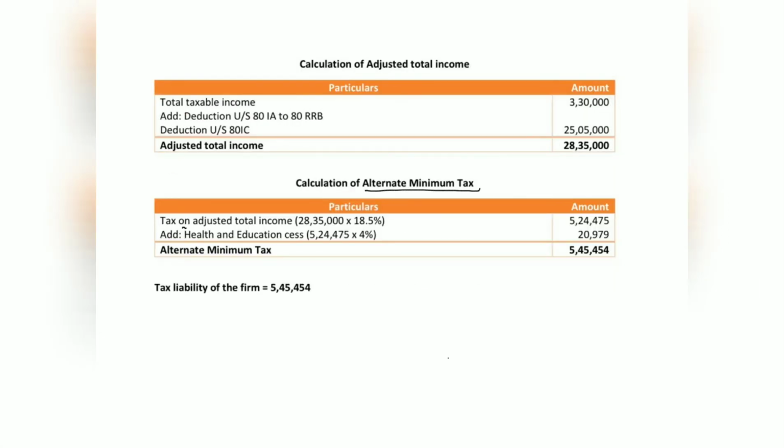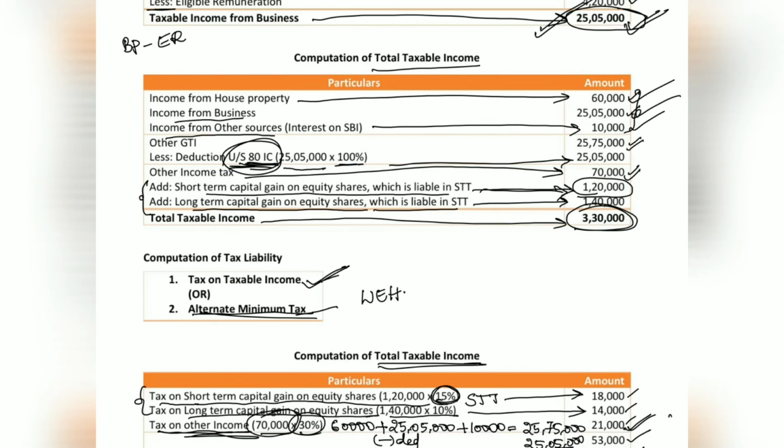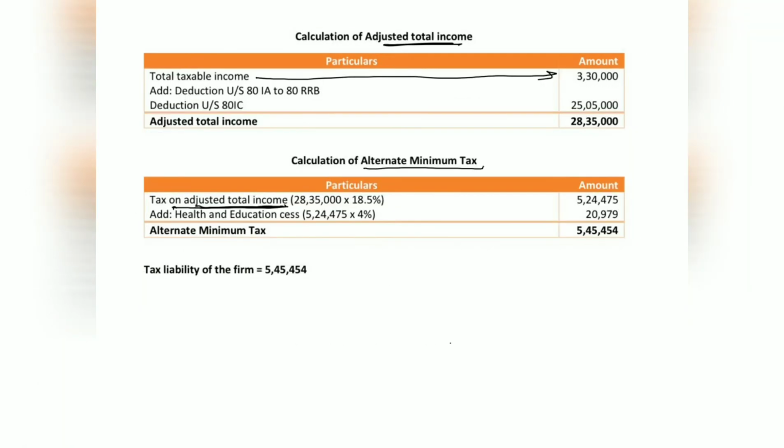To calculate alternate minimum tax, we should first of all know our adjusted total income. So let's calculate adjusted total income first. We will consider total taxable income first. We have total taxable income to the extent of 3,30,000. Let us consider 3,30,000 here. We have also deducted the 80IC value worth 25 lakh 5,000.